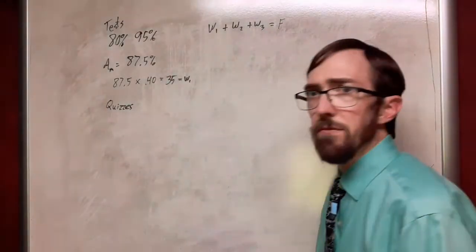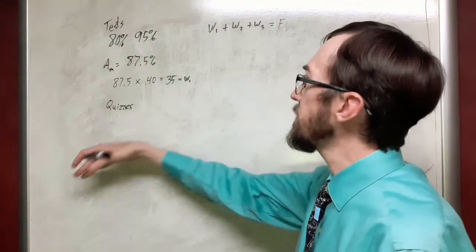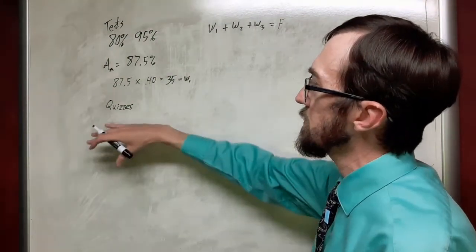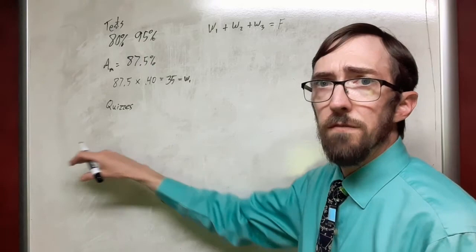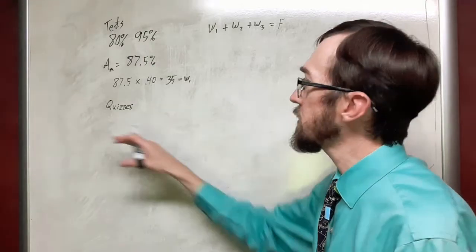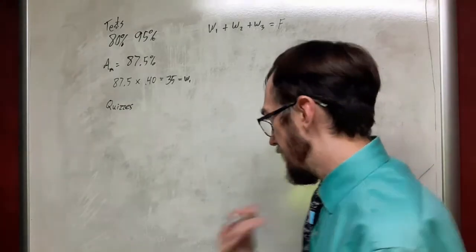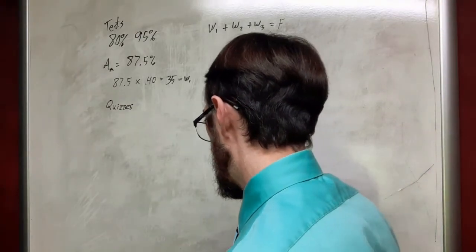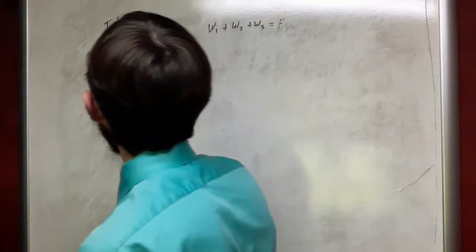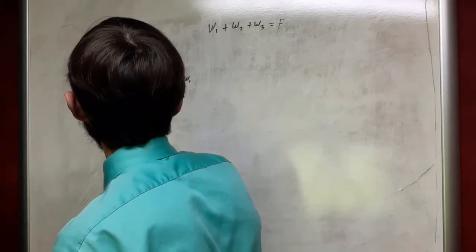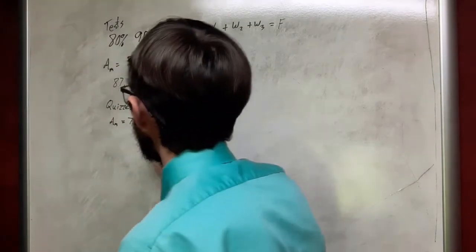To save a little time, I'm not going to give sample quiz values. Whatever quizzes you have, you take the arithmetic mean of them. You add them all up and divide by the number of scores that you have. For our example, let's say that we had an arithmetic mean of 78%.